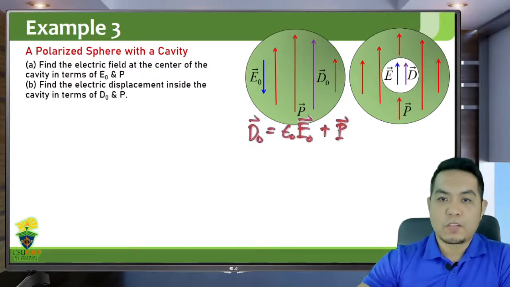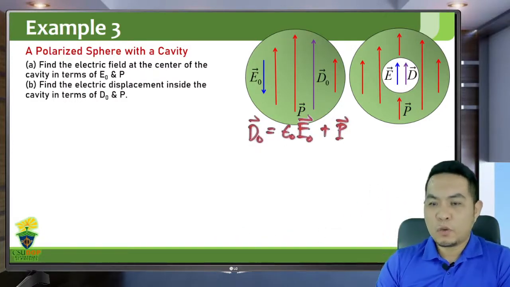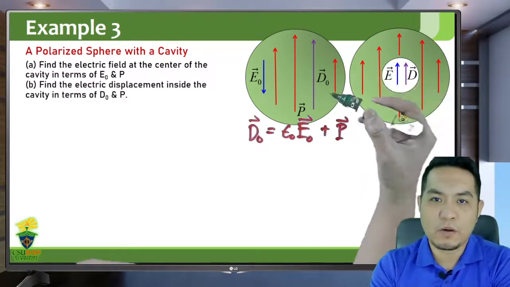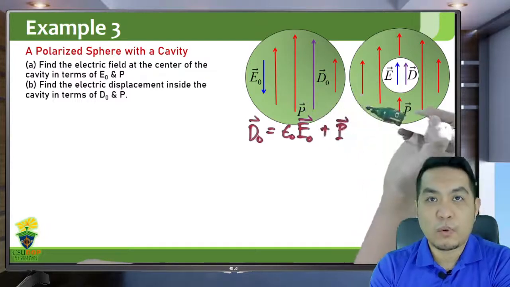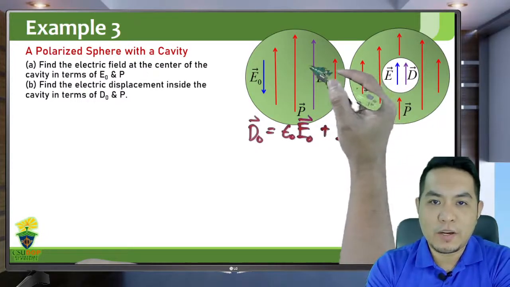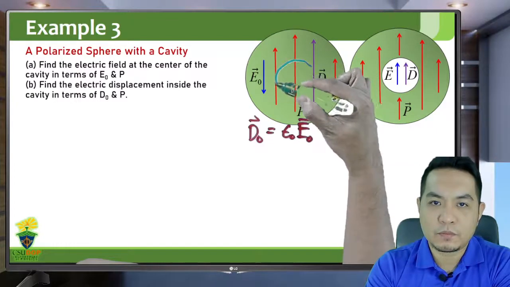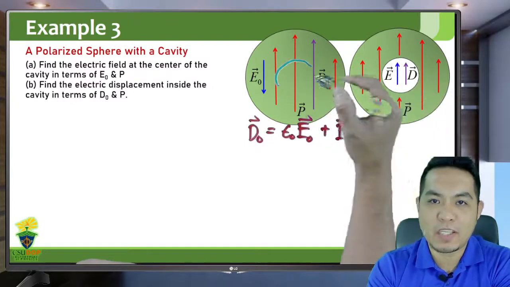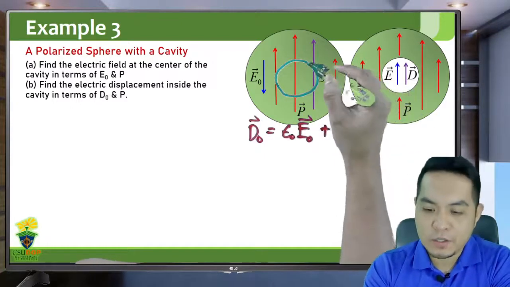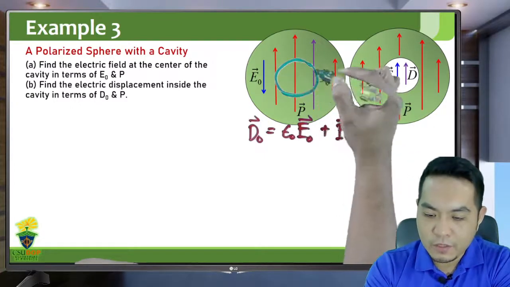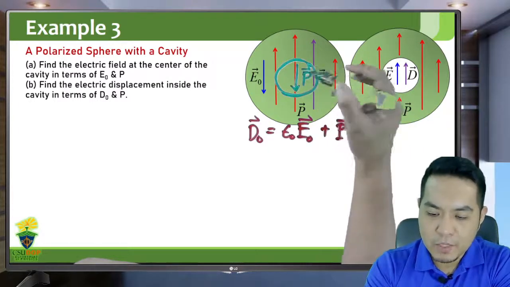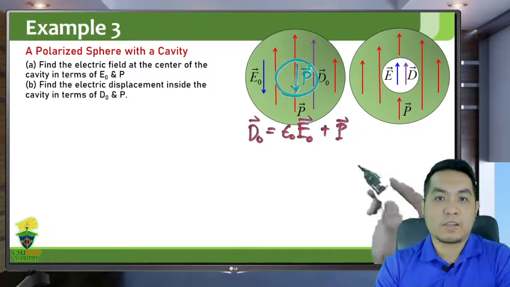In order to solve this problem, we will treat it as a superposition of two polarized spheres. But the other sphere is just smaller. Actually, it has the same size as the cavity. And the polarization in this smaller sphere is still P, but it's directed in the opposite direction.